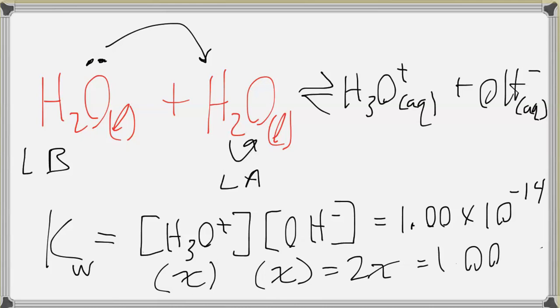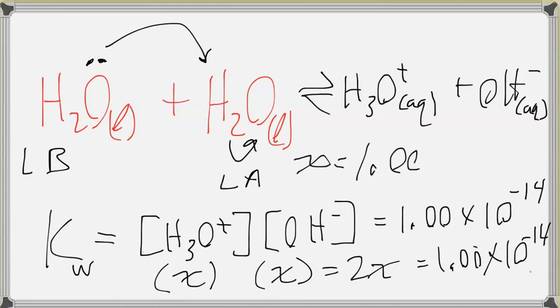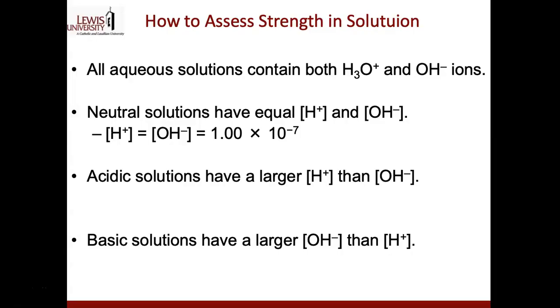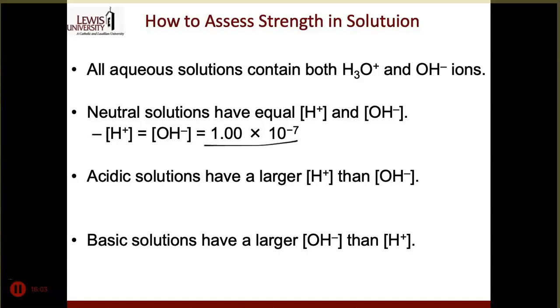So we could calculate this by just taking the square root of 1.00 times 10 to the minus 14th. So we see that X equals 1.00 times 10 to the minus 7th. And that's how we come up with this value that you see on the slide here, 1.00 times 10 to the minus 7th, from the autoionization of water, the equilibrium constant that results from that.